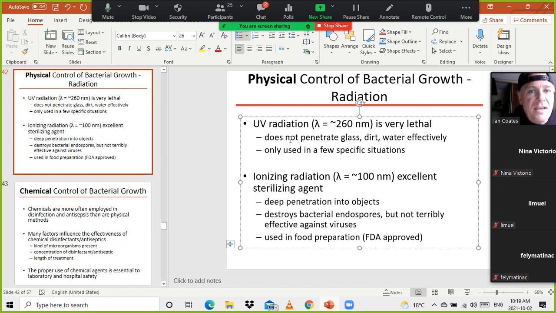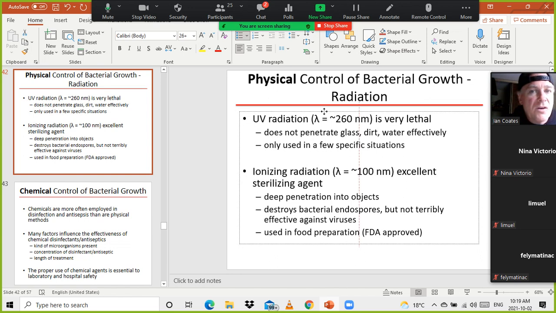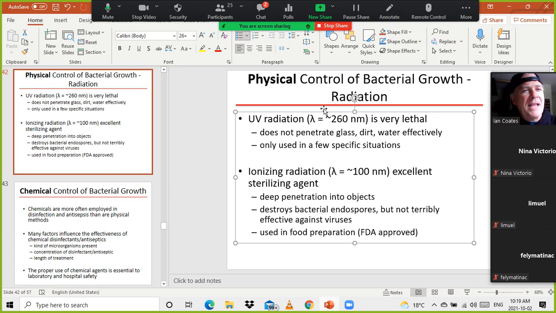This UV light doesn't penetrate glass, dirt, or water effectively, and it's only used in specific situations. They use UV light all the time. It's the black light. They use that to kill bacteria, and it's a very effective way. UV is not good for us either.